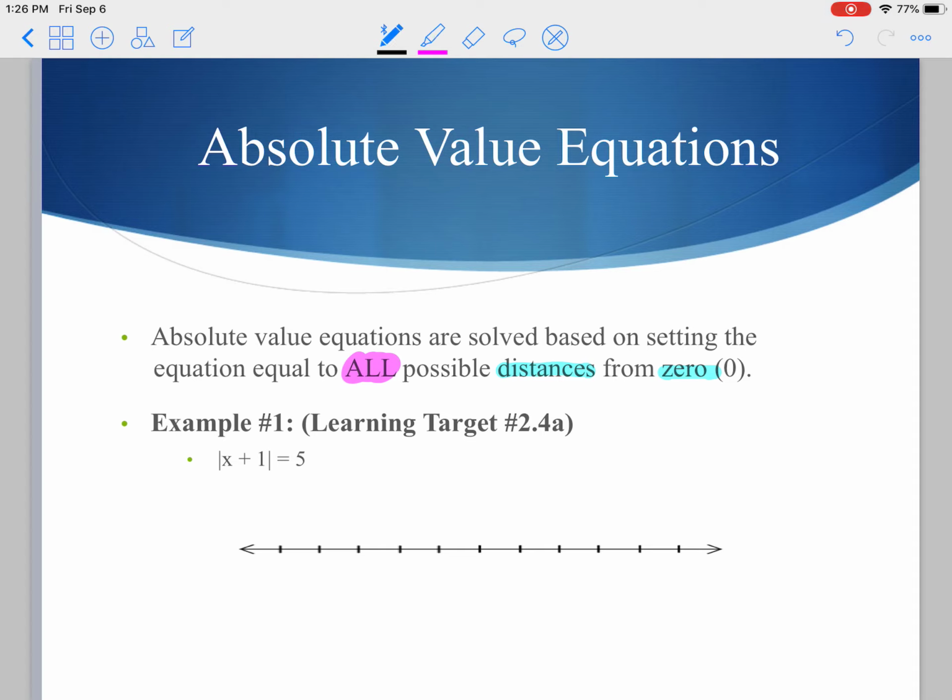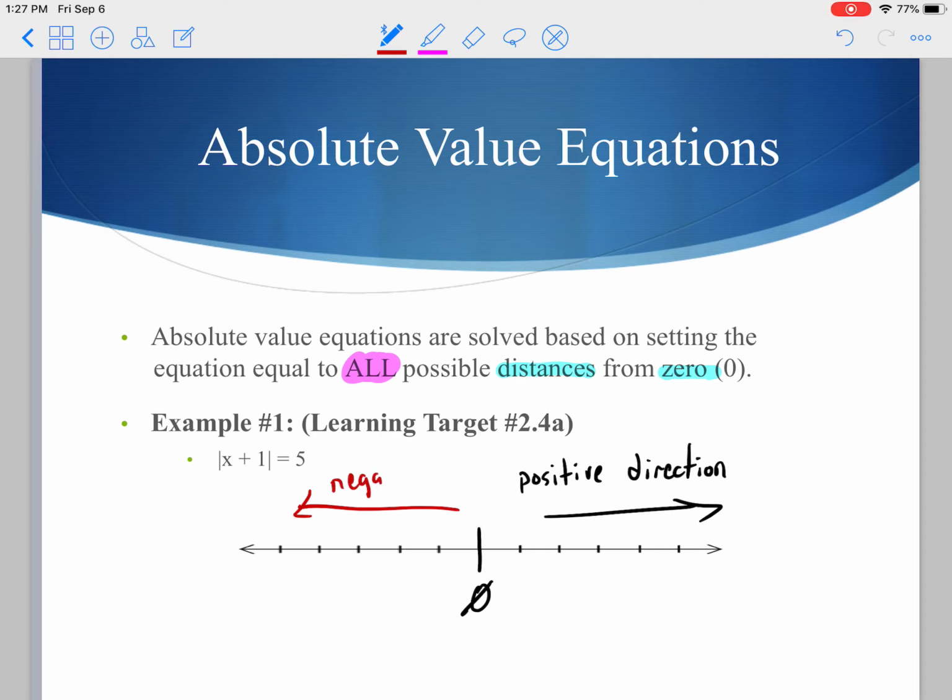And when we consider all the possible distances from 0, we realize that there are 2 possible distances. There is a distance in the positive direction, and there is also the instance of the negative direction.